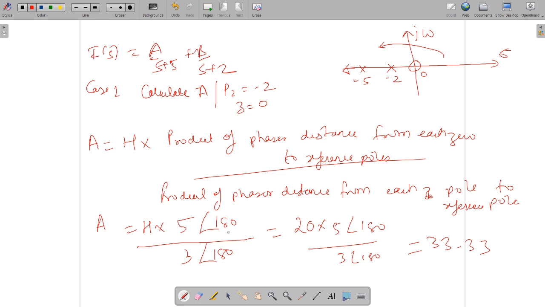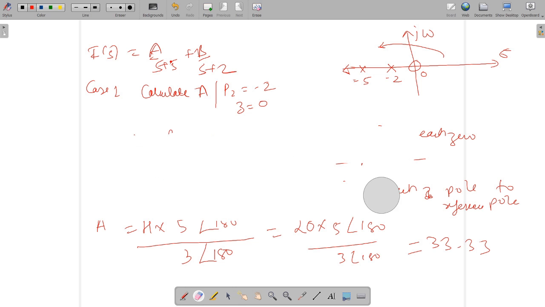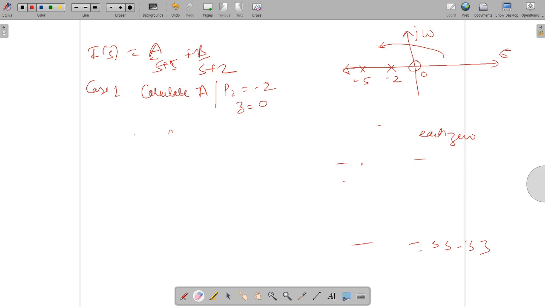Fine. Now for case 2, what will be your coefficient? In case 2, b is your coefficient. So keep this A in your mind. Now we are going to write the b.